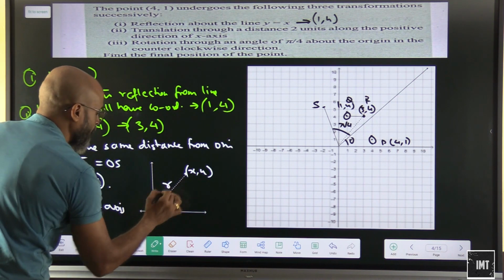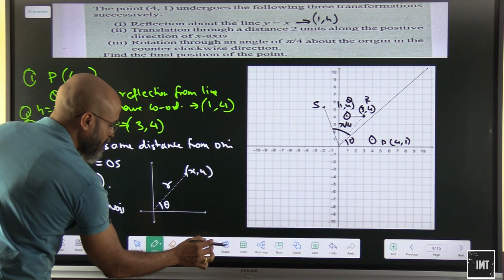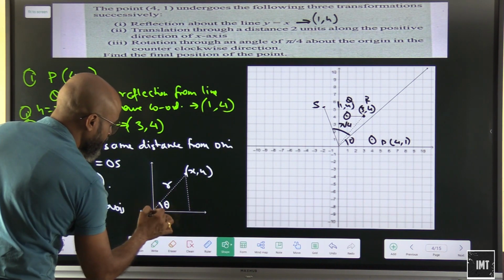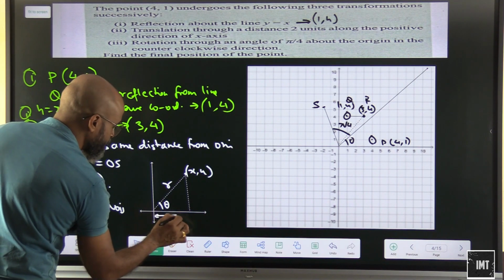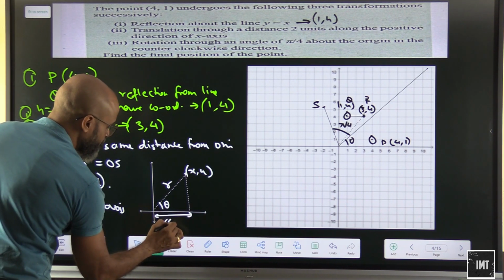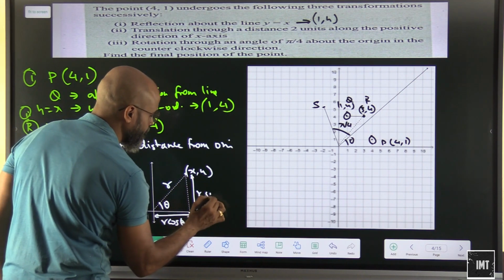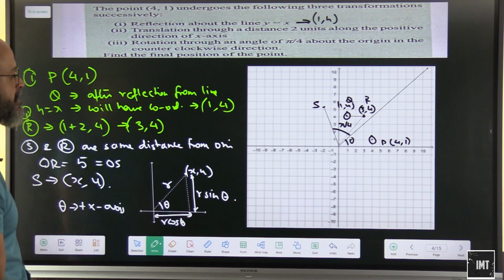Let's say this is R. If I drop a perpendicular here, this distance will be r cos theta, and this will be r sin theta.